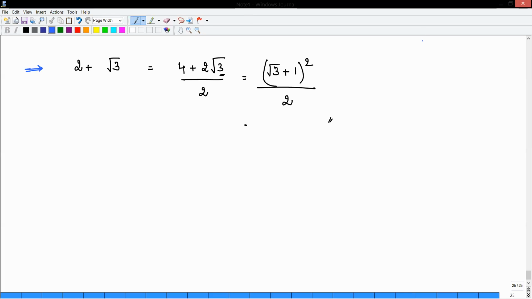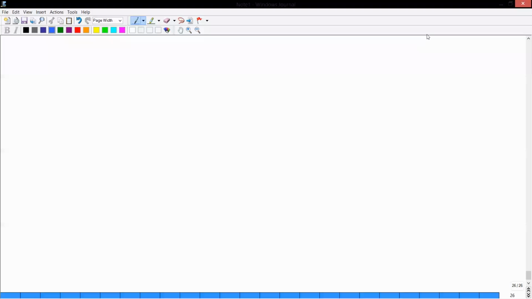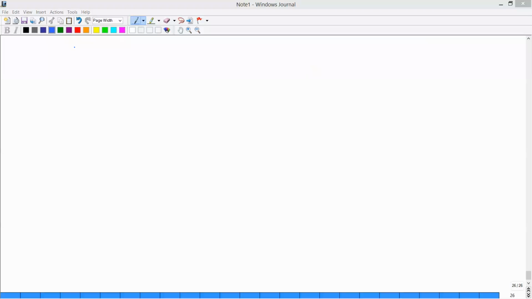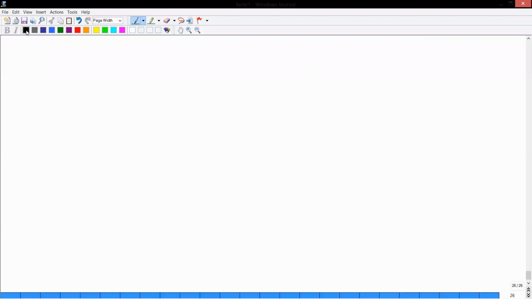So now we know how to find the square root of it. Now some repeated squares.